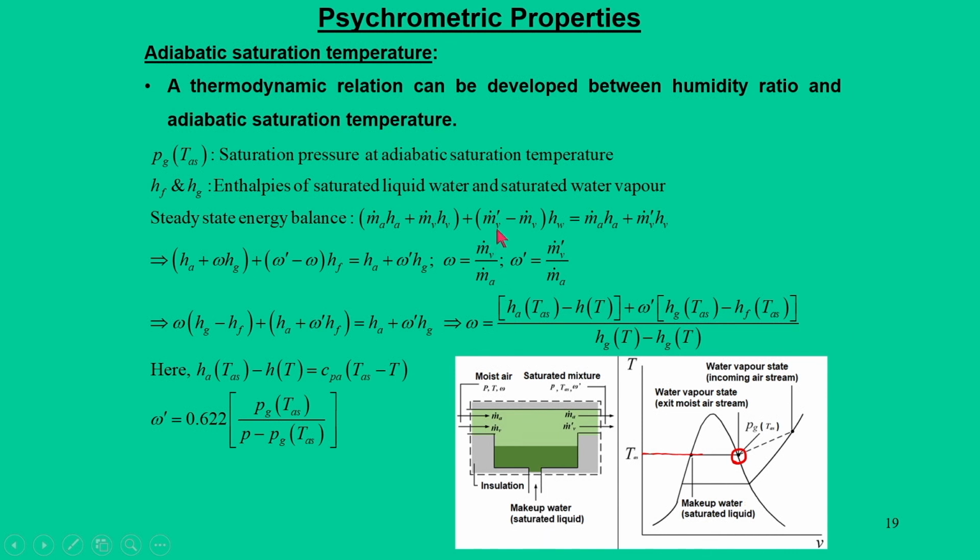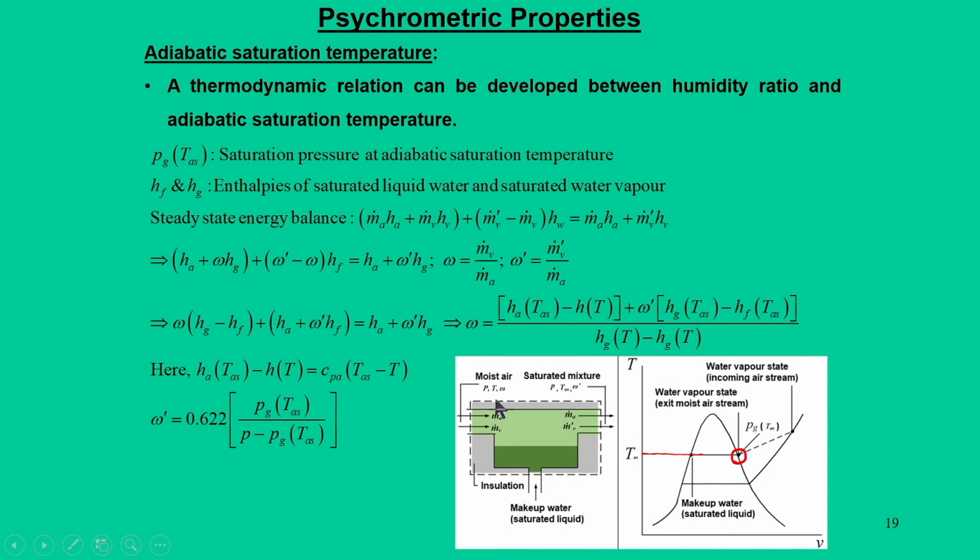This makeup water which is getting added is m dot b dash minus m dot b, that means final mass minus initial mass of water vapor, and this is equal to the final energy, in the form of Ma Ha plus m dash b Hb. And remember, when you talk about this makeup water, it is in the liquid state. So, that is what is written as Hw. And from this we can find out the humidity ratio.